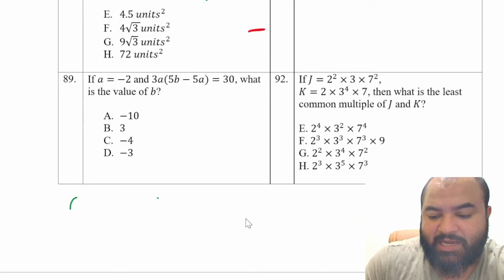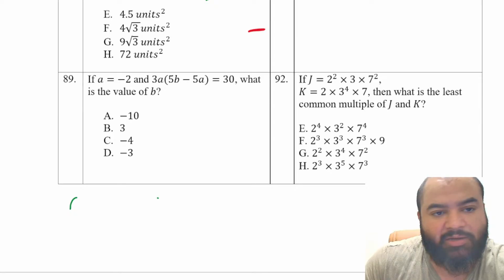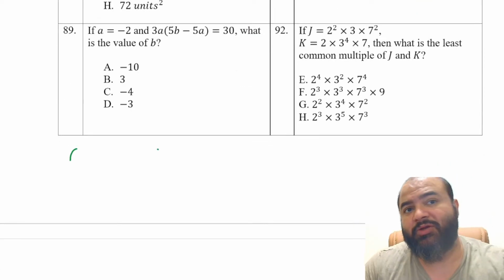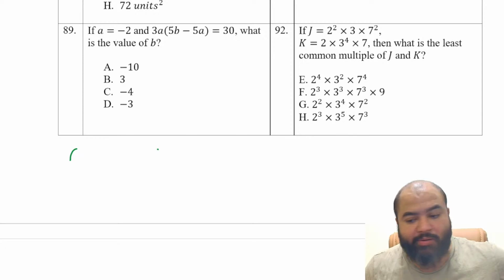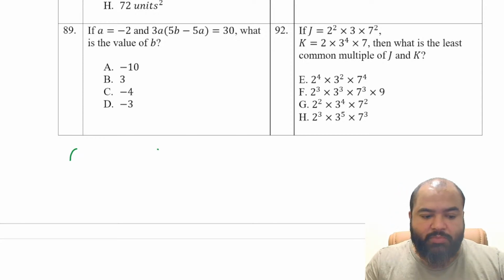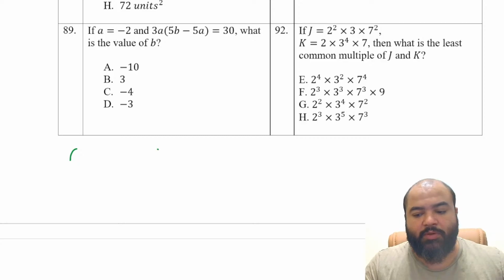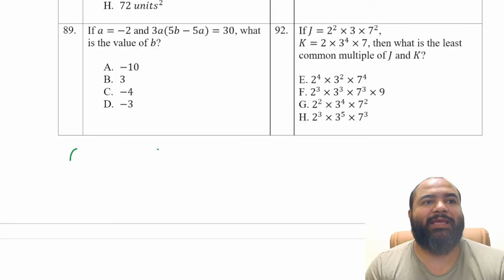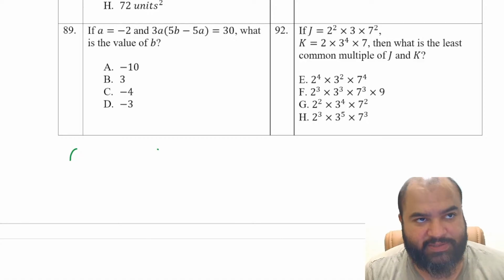$92 is the LCM. For some reason, a lot of students don't know how to do these kinds. Do you guys know anyone? Here, we don't have to do the cake. They already did it for us.